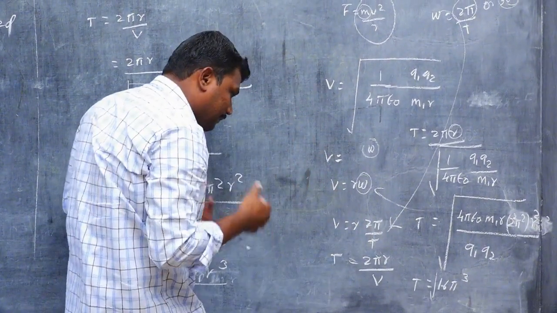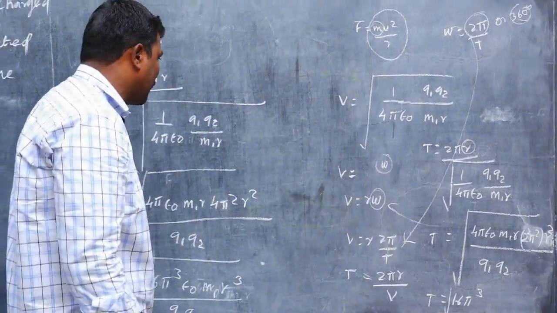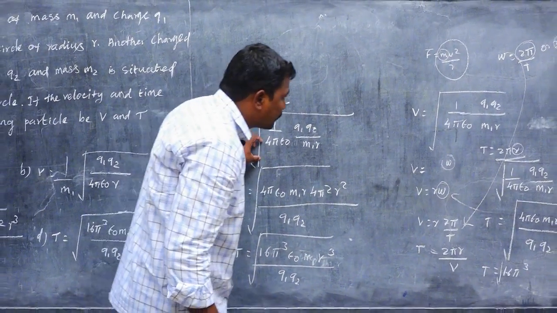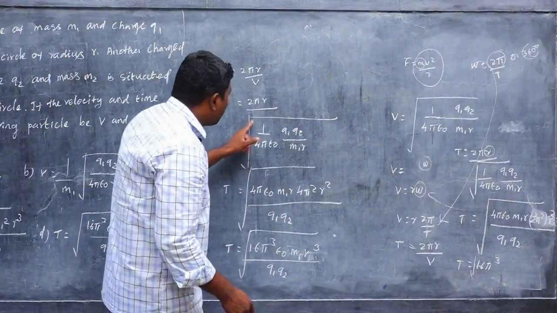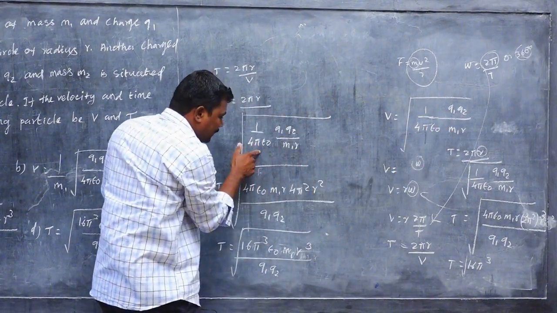Now I need T. T is equal to 2 pi R by V. You have found the value of V: V is equal to root of 1 by 4 pi epsilon naught q1 q2 by m1 r. Put in this value.